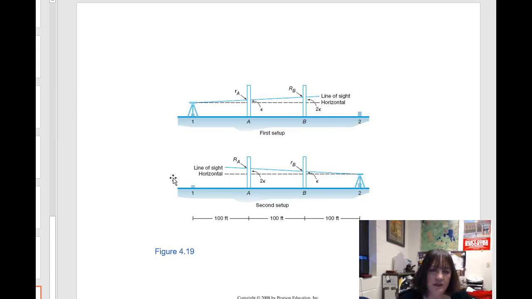4.4, if you want to use Excel or something in a spreadsheet, it will go much, much quicker if you're familiar with Excel. The other thing is, I do want to alert you to the fact that I've referred to back sights and forward sights. Your authors in the textbook for elementary surveying sometimes refer to these as plus sights and minus sights.